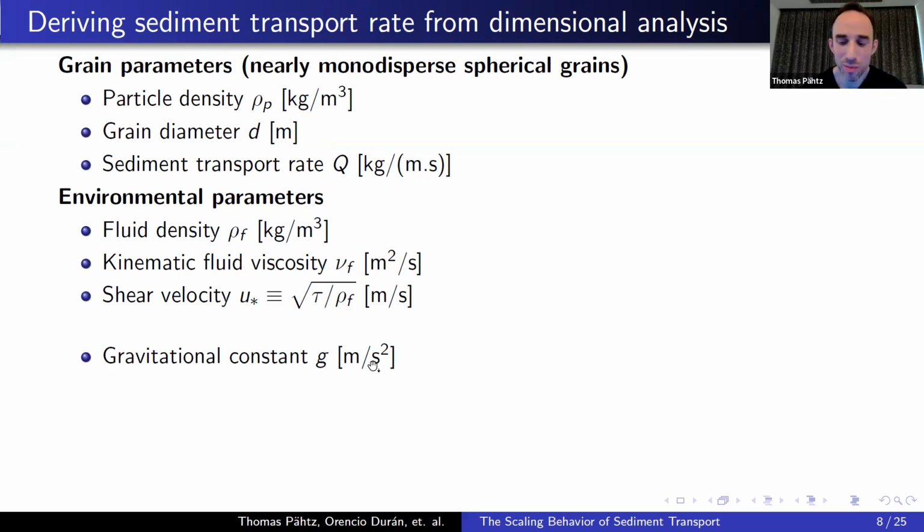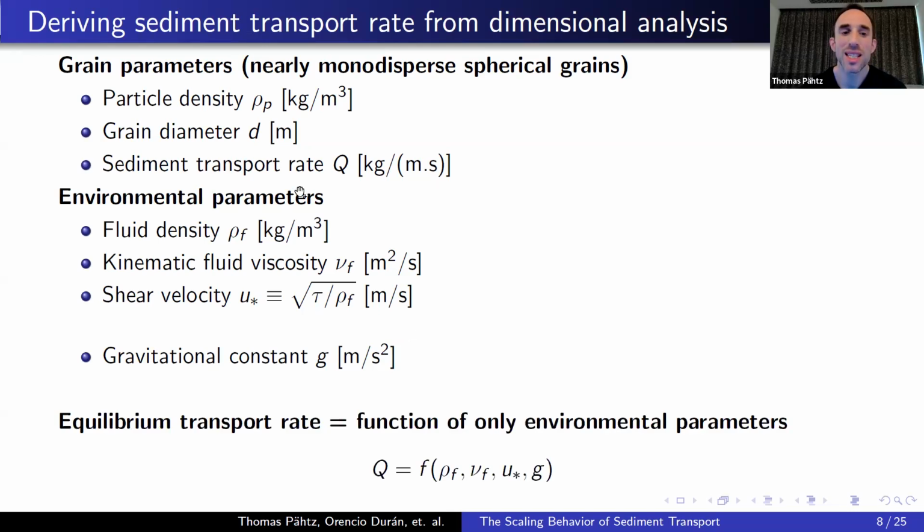The assumption behind most models or theories published in the literature is that in equilibrium, the sediment transport rate is a function of only environmental parameters. In this case, this would be Q as a function of ρ_f, ν_f, u*, and g.